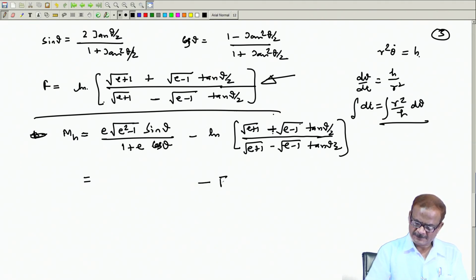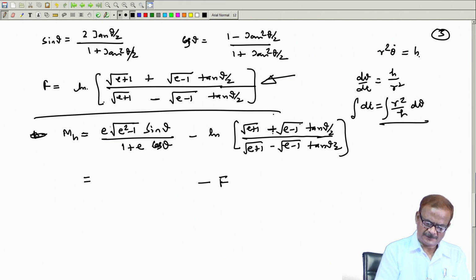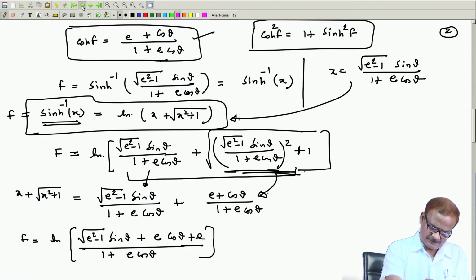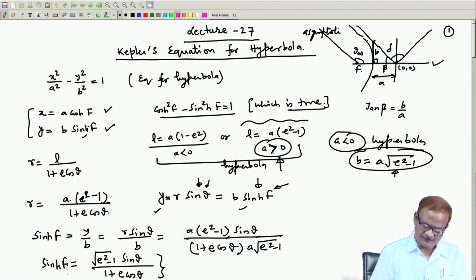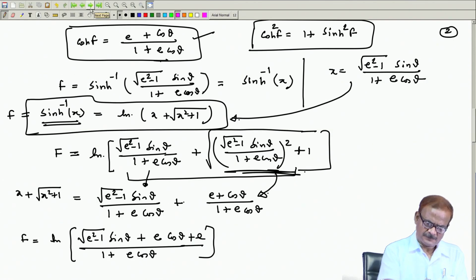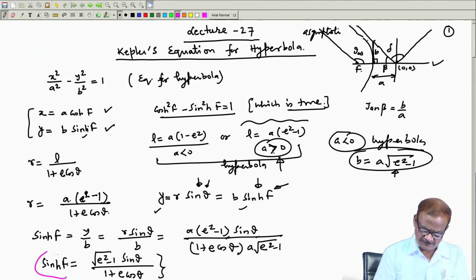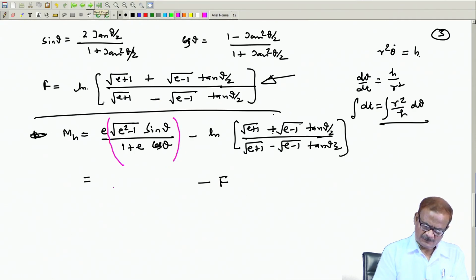So, this side becomes f, and what this quantity is, if you look at this part, we have written earlier: sinh f. This is your this part. So, here we have E sinh f minus f.